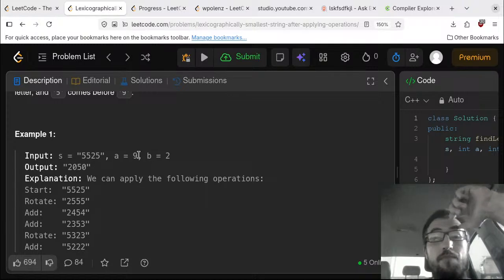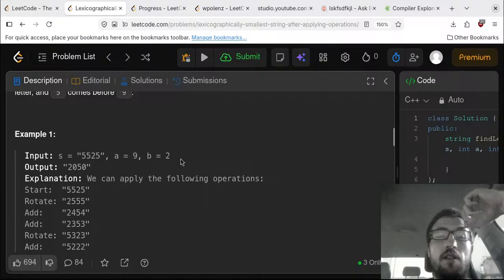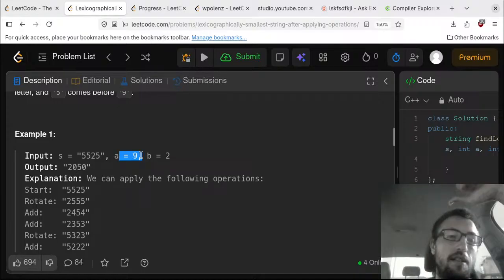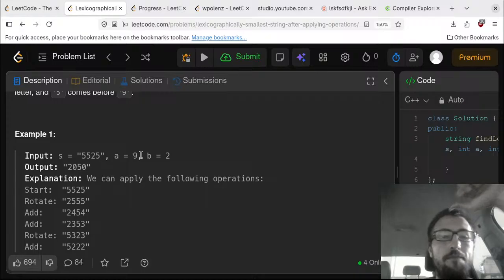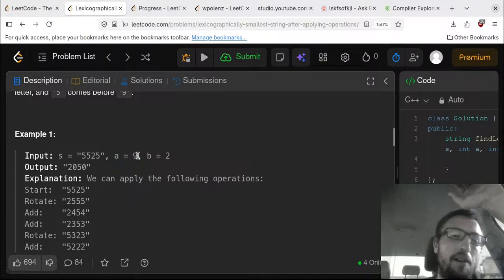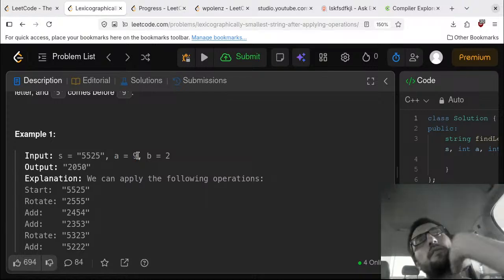If B is even, it's just the GCD of A and 10 different possibilities. And then if B is odd, then it's going to be the GCD squared possibilities. And it's actually going to be the GCD of, I think, 10 divided by that GCD. Oh, no, it's just the GCD. No, just the GCD, I think. I have to think about that for a minute.